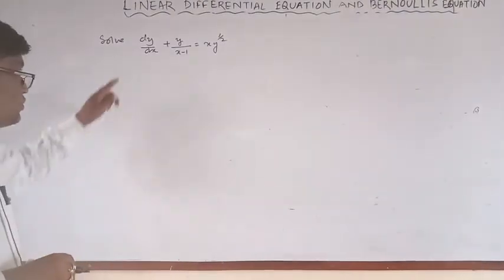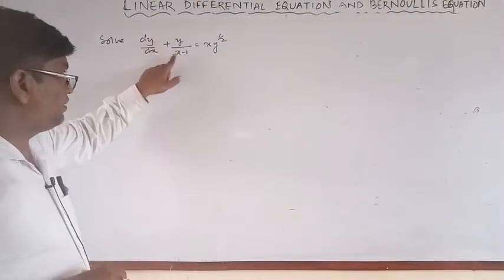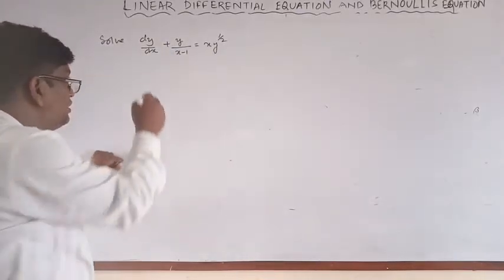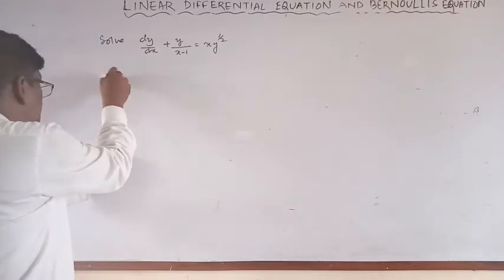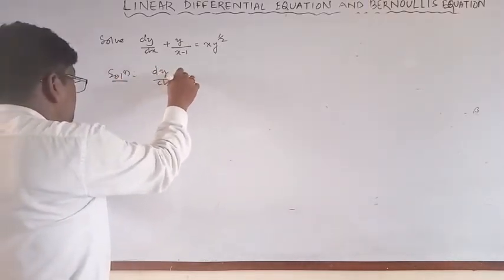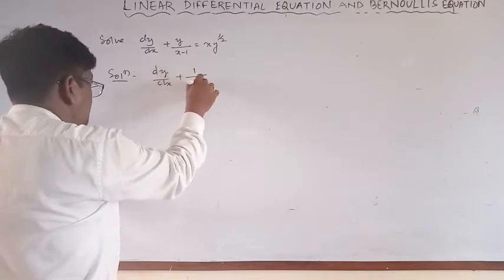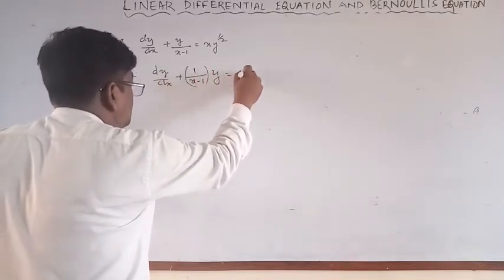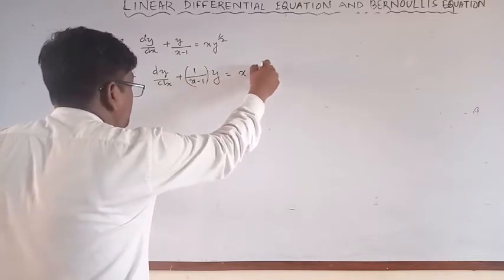This is the question: dy by dx plus y by x minus 1 is equal to x into y to the power half. This is in the form dy by dx plus 1 by x minus 1 into y is equal to x into y to the power 1 by 2.